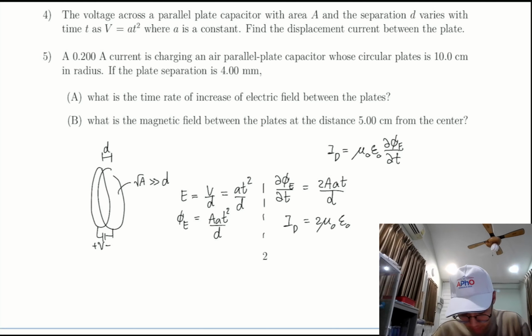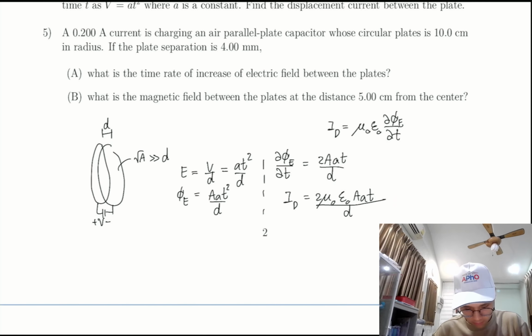Finally, we got 2 mu 0 epsilon 0 capital A times a t divided by D as the final answer. And that's a good place to stop.